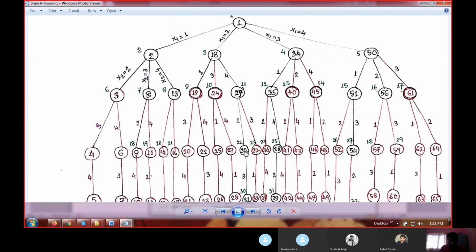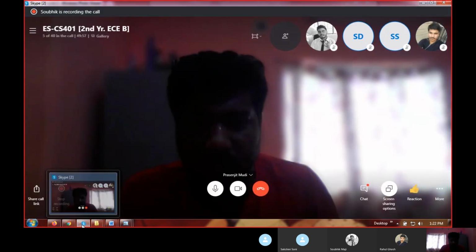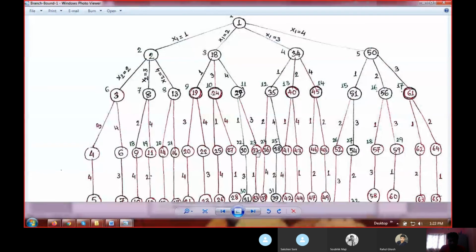Two more children, 30 and 32. So out of 30 and 32, 32 is violating the bounding function. Sorry, in DFS backtracking, when 29 was the E-node, only the first child 30 will be generated, not 32.